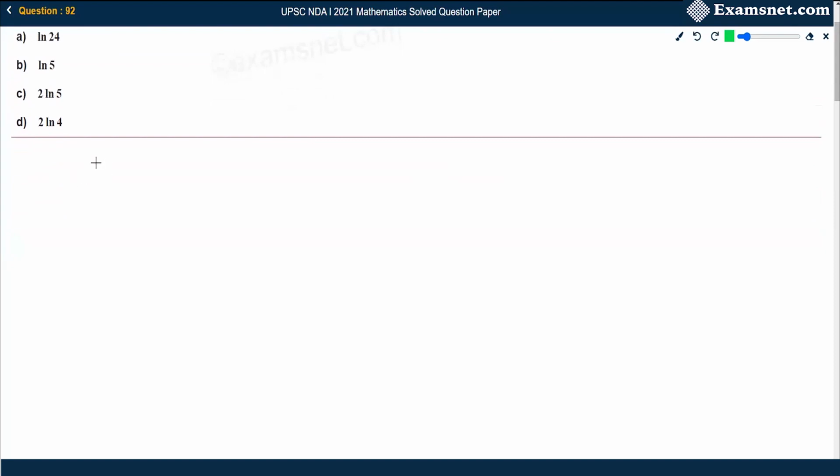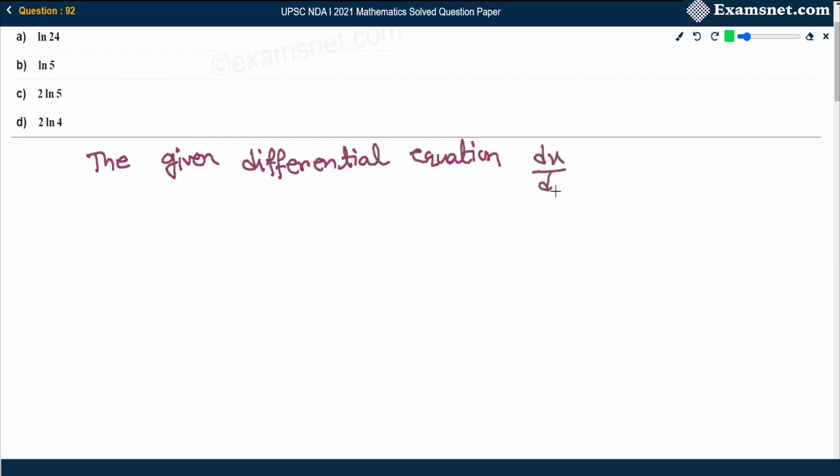The given differential equation dx by dt is in variable separable form. And why is it so? I will explain while solving it.